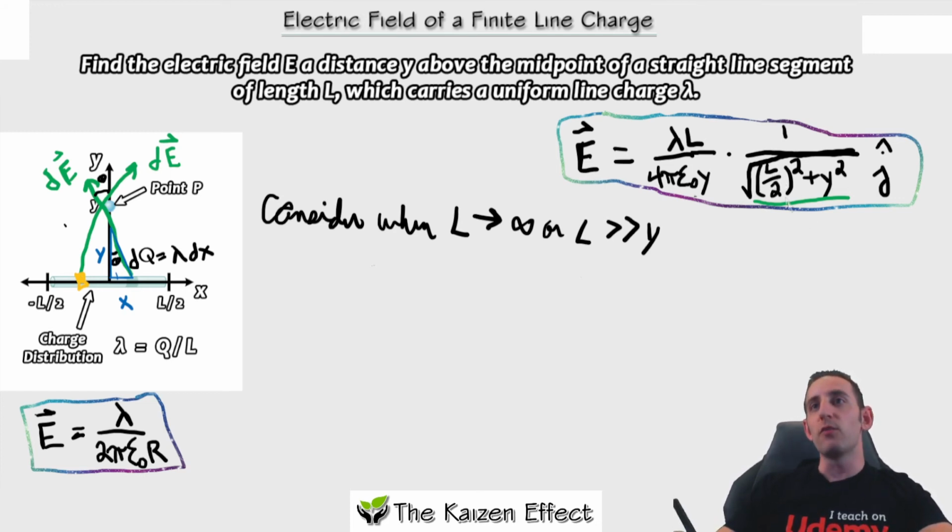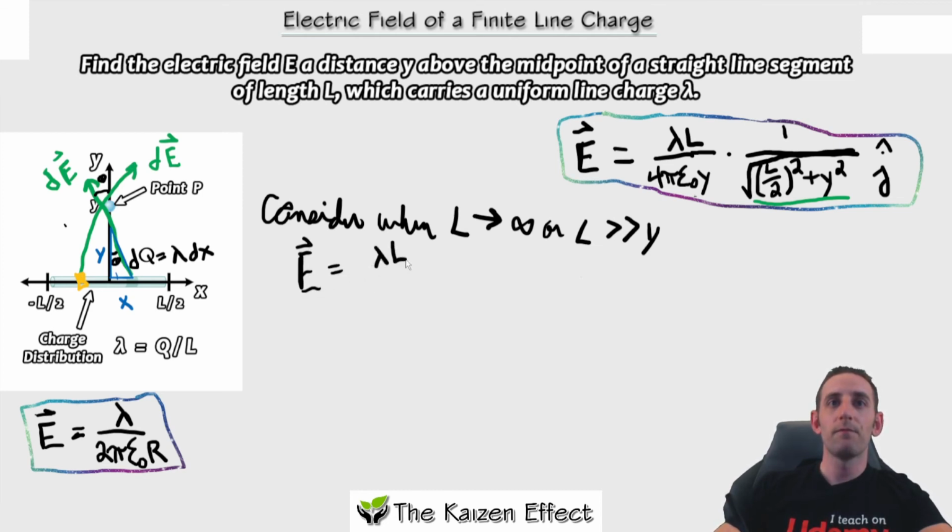So what we can do is simplify this and say this is pretty much just L over 2 squared under here. And this equation becomes the following. We get lambda L over 4 pi epsilon naught y times 1 over the square root of L over 2 squared, which is basically L over 2.